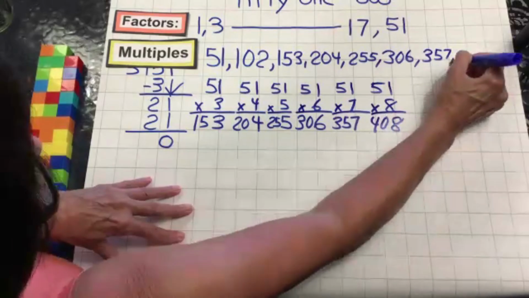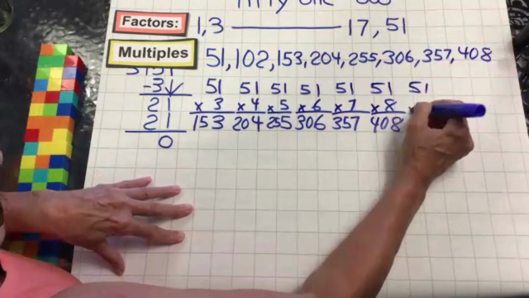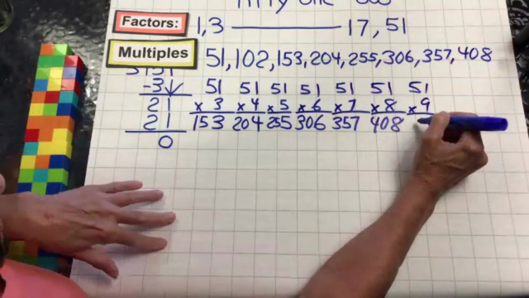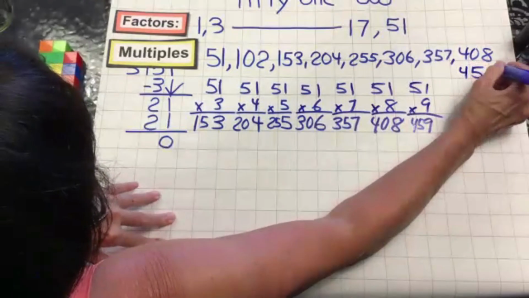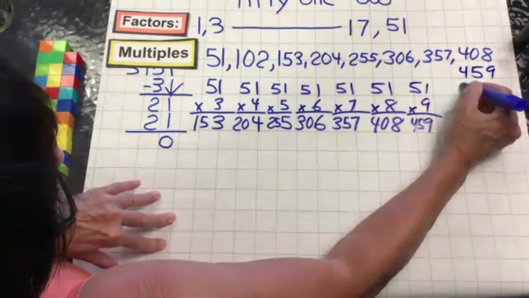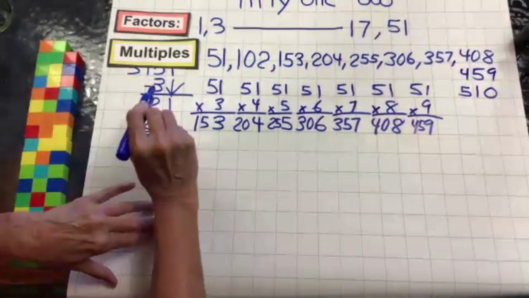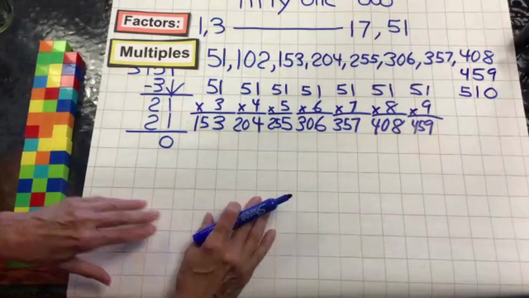So we have 408. 51 times 9. 9 times 1 is 9. 9 times 5 is 45. 459. And then, of course, any number times 10 is that number with a 0 in the ones place. So those are the first 10 multiples of 51. So we're done with that.